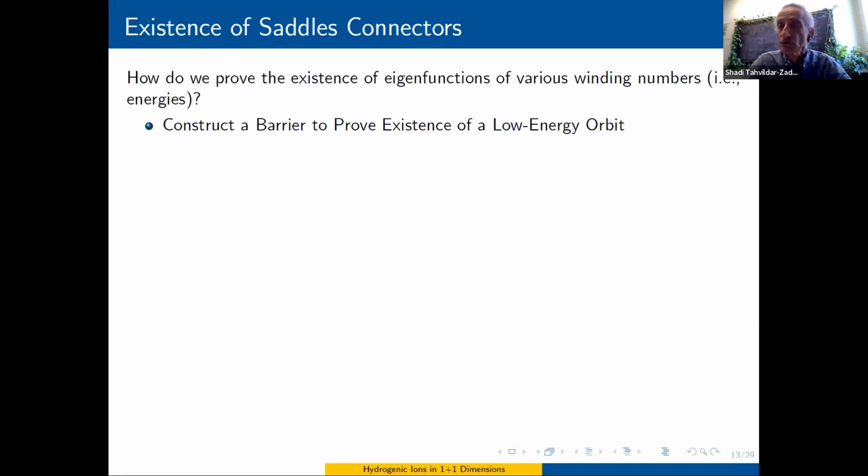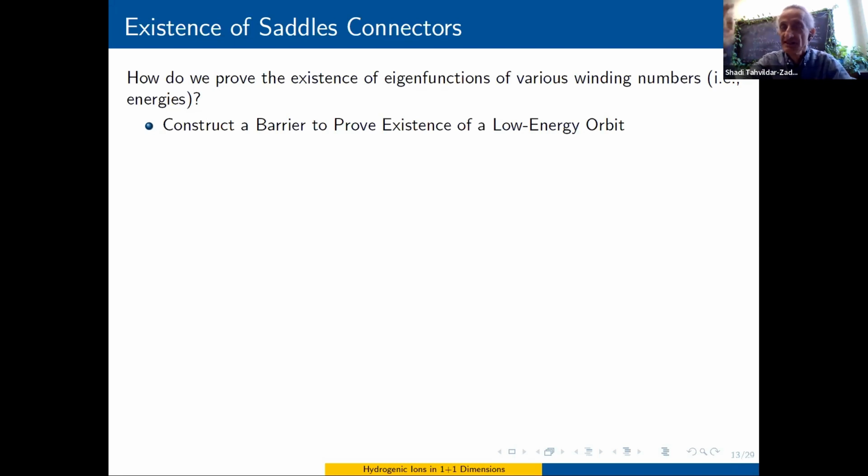So how would we prove the existence of eigenfunctions for various winding numbers? There's a general method: if you want a certain orbit of your dynamical system to go somewhere, you create barriers around it. So you find curves in your space which your solution cannot cross one way or the other.